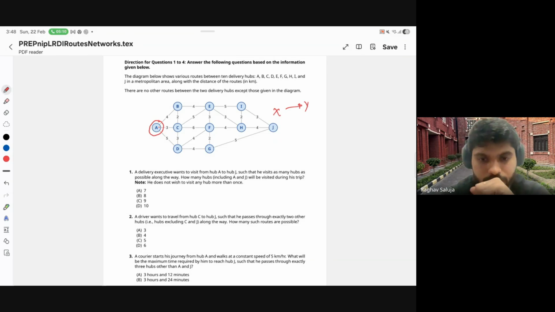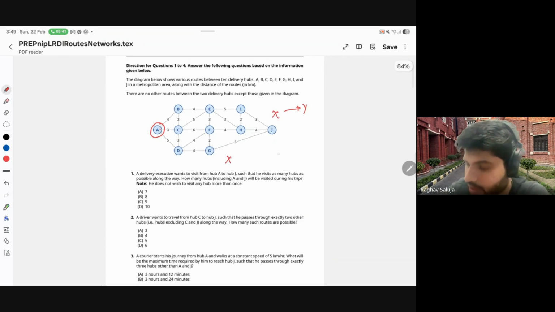Now, rule of thumb. When your question says exactly two other hubs, that means you must visit two intermediate hubs. So total hubs in the trip are going to be start plus two intermediate hubs plus end. Then that means four hubs. Let's say X and Y, and you have to visit two other hubs.